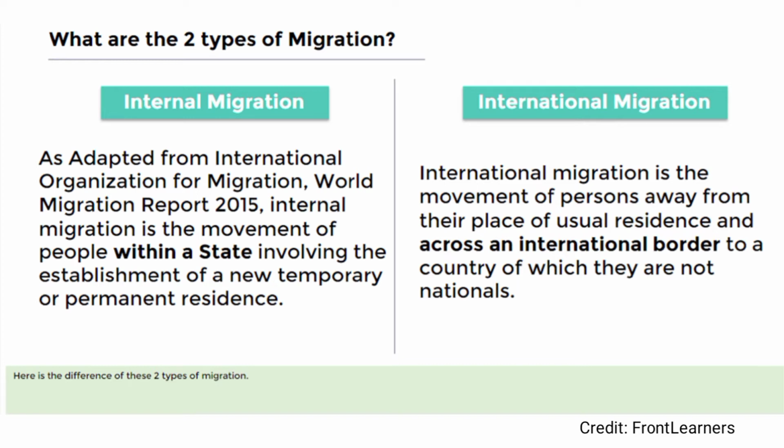And when we say international migration is the movement of persons away from their place of usual residence and across an international border to a country of which they are not nationals.